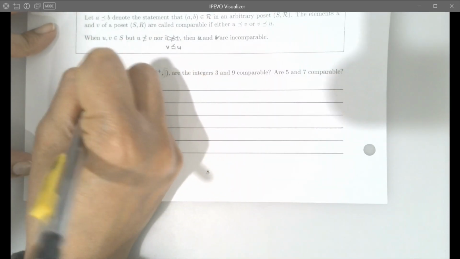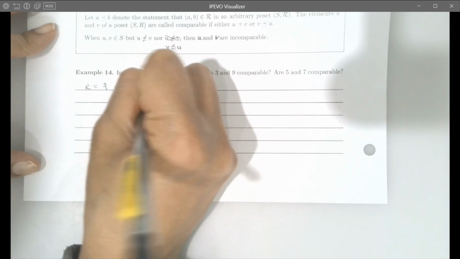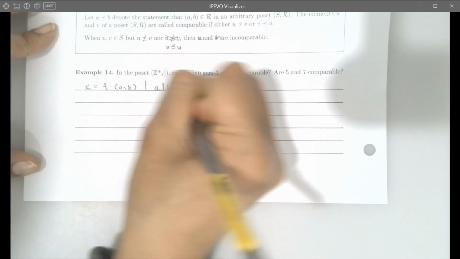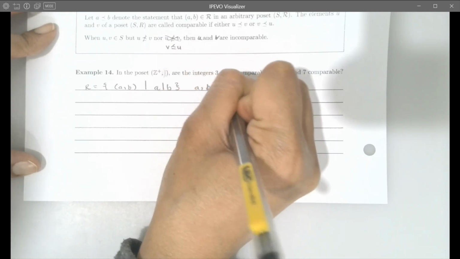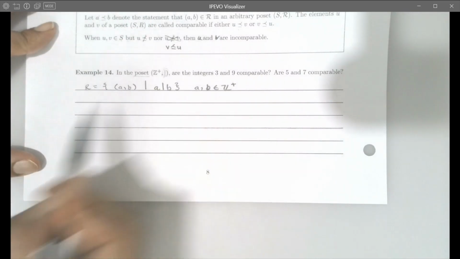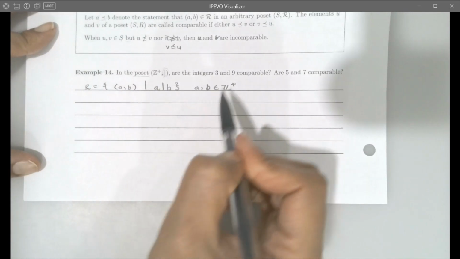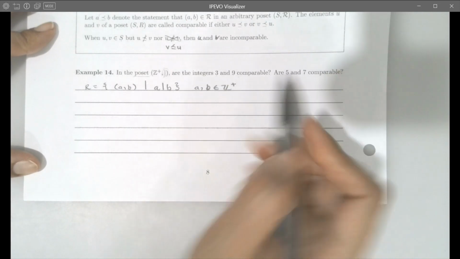So the relation here is the set of all ordered pairs (A, B) such that A divides B, where A and B are both positive integers. Now, they're not asking us to check whether this is a partial ordering. They're already telling us that it's a poset. What they want us to check is whether 3 and 9 are comparable and whether 5 and 7 are comparable.